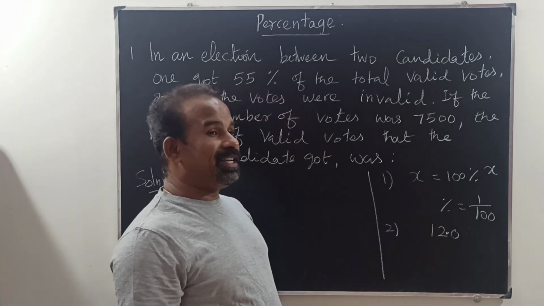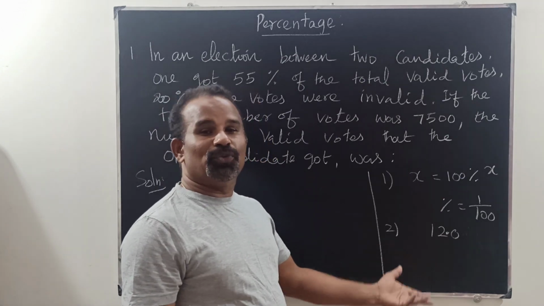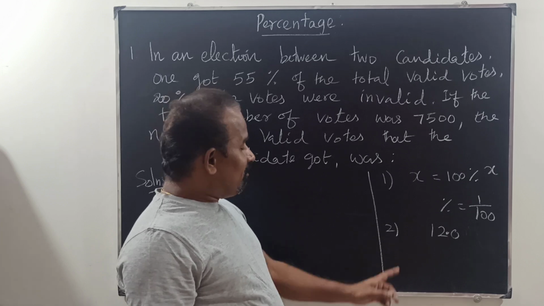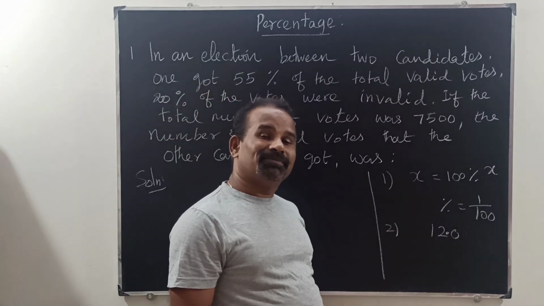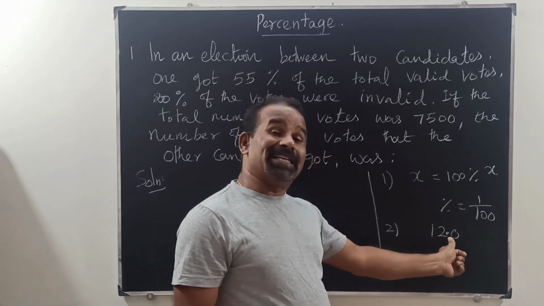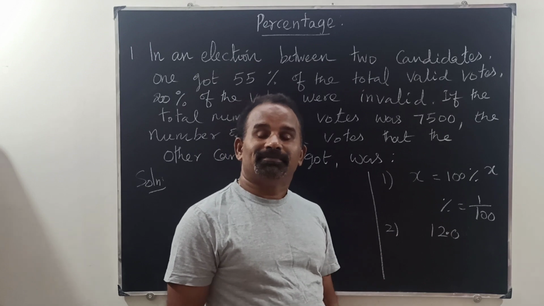So 10% is 12. What is 20%? 24. What is 30%? 36. What is 15%? 10% is 12, 5% is 6, therefore 15% is 18.